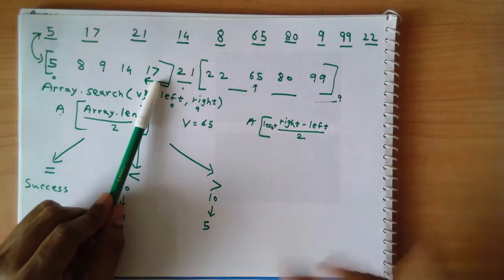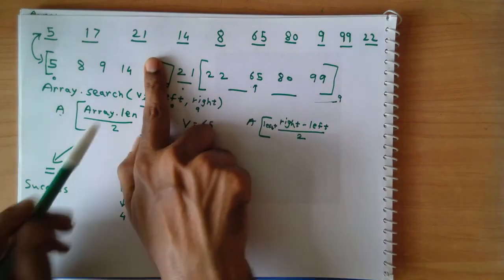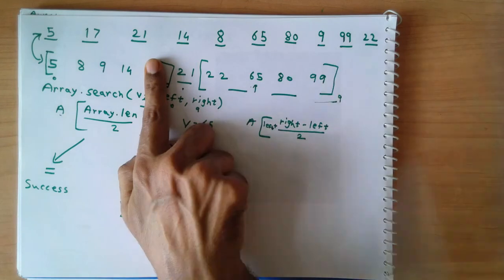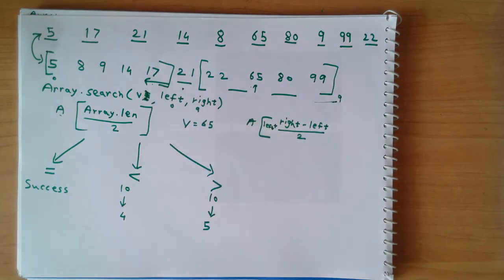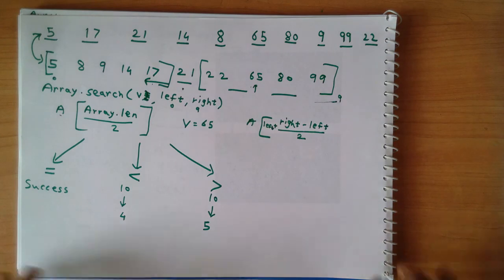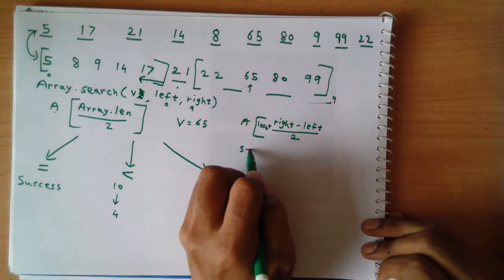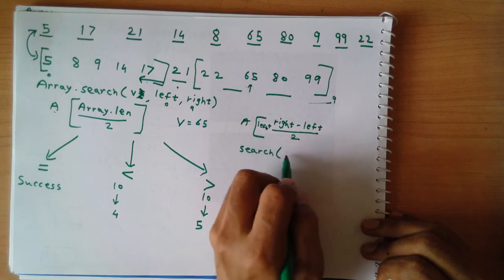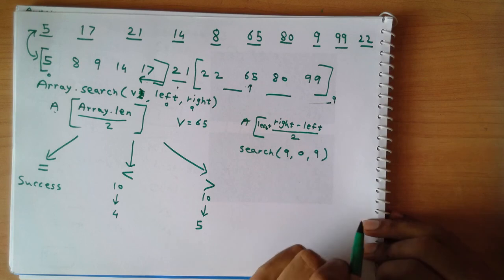So in this new logic, I'm going to divide my array into two parts, one to the left of 17, other to the right of 17. Okay, and first I'm going to compare it against 17. So let's write down what we are doing. Our first call is search for 9 starting from index 0 up to 9.